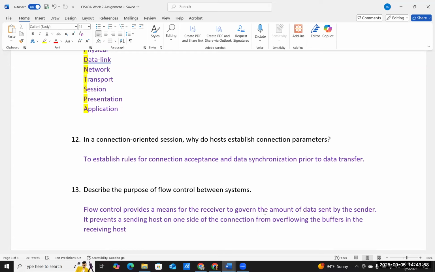Now, when your computer receives information, you know that it puts it in RAM. Hence the term buffer overflow. Okay. So your buffer is basically a storage area where it stores temporary information, which is RAM. Your server has RAM, your PC has RAM.